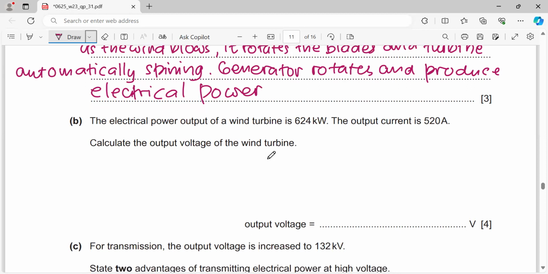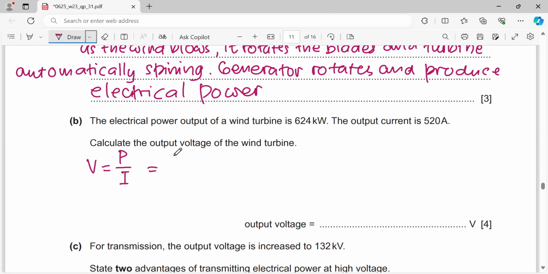The electrical power output of a wind turbine is 624 kilowatts. The output current is 520 amps. Calculate the output voltage of the wind turbine. The voltage formula is power over current.